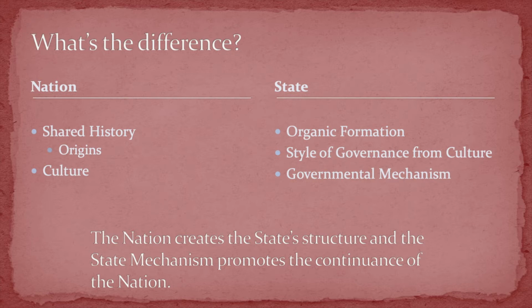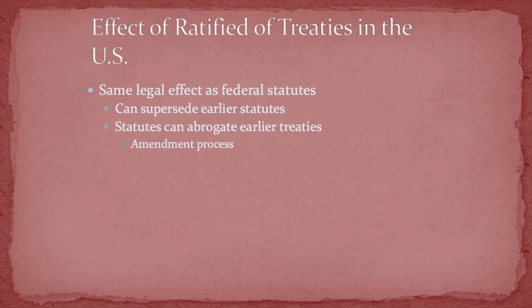And so that state mechanism very nicely can overlay a nation and help it continue, if it is produced organically. And a reminder, and I've said it already, but ratified treaties in the United States are equivalent to statutes.